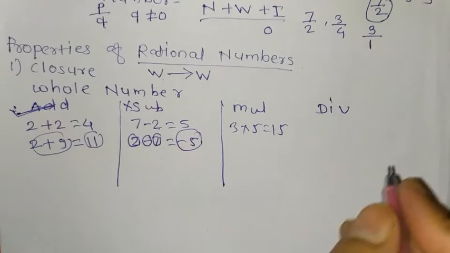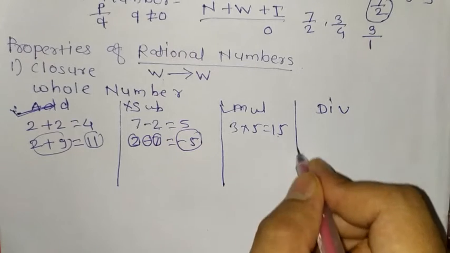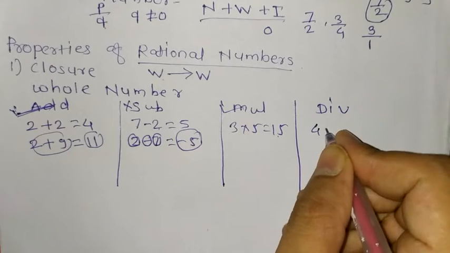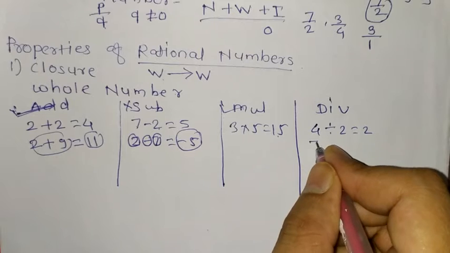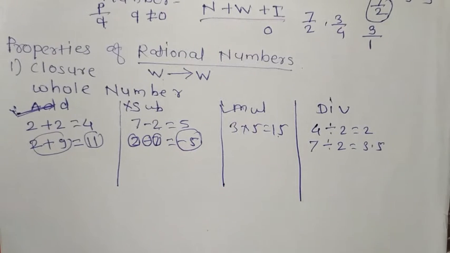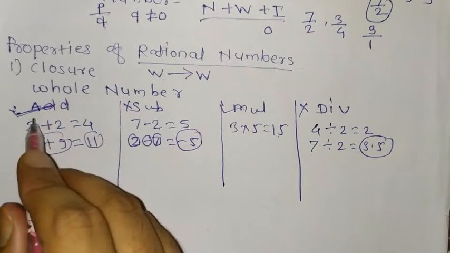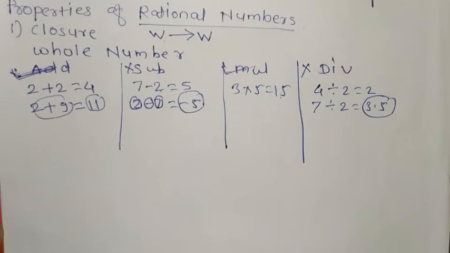You take any numbers, we always get a whole number, so it is satisfied. In division, 4 divided by 2, we get a whole number. But if you do 7 divided by 2, we get 3.5, which is not a whole number, so it is not satisfied. So under the closure property for whole numbers, only addition and multiplication are satisfied.